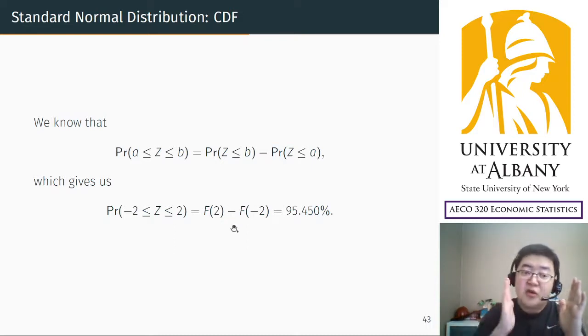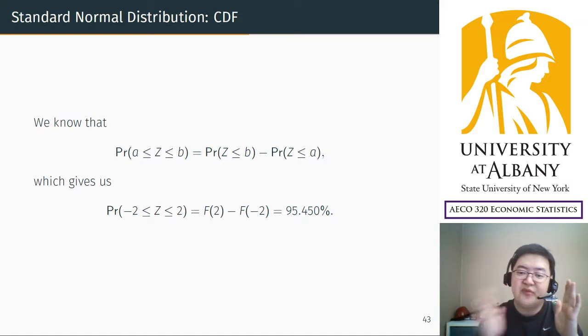But you have to subtract the values even smaller than minus 2, because, for example, minus 3 is not included in this probability. So you have to subtract this part. Then the answer is 95.450. So it's about 95%.